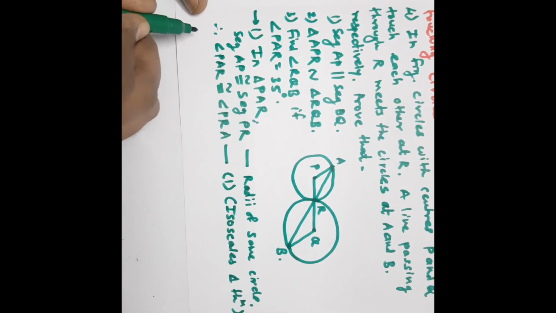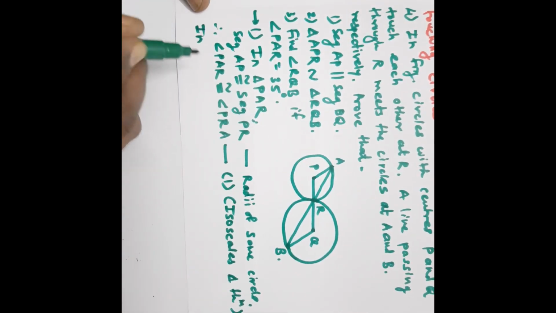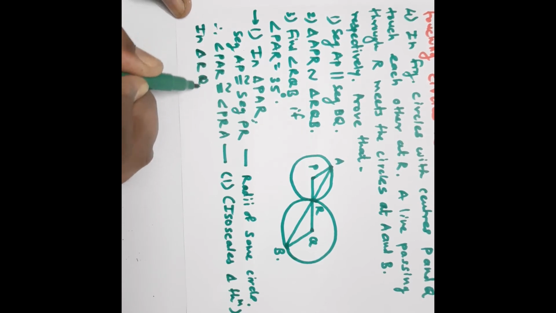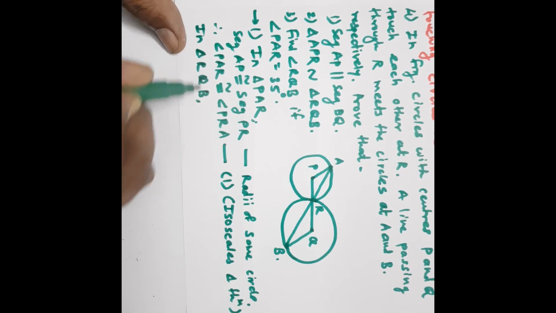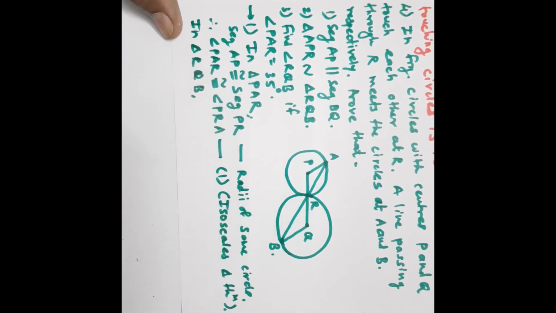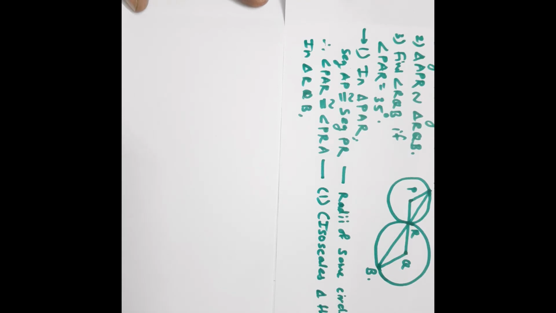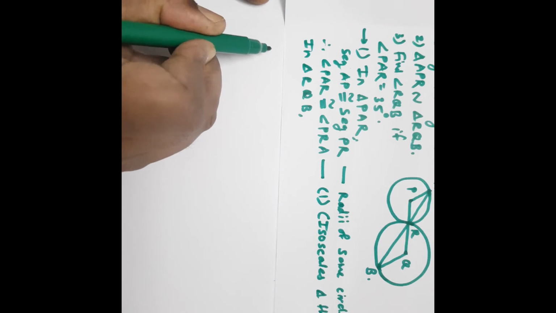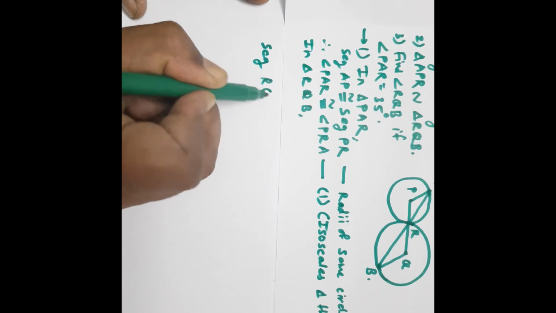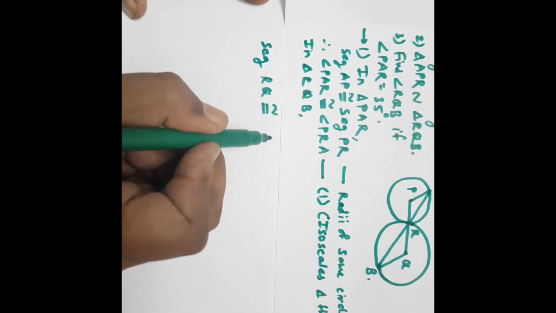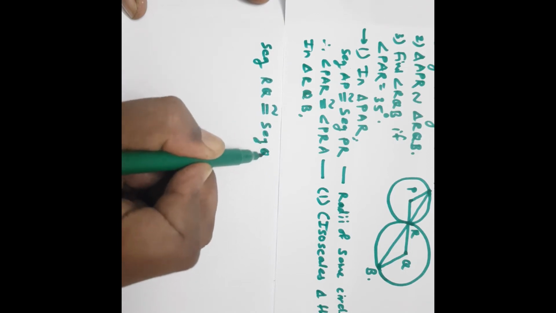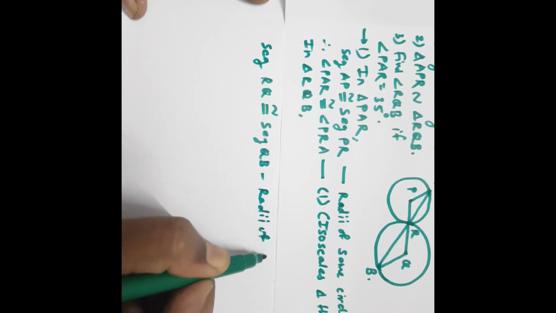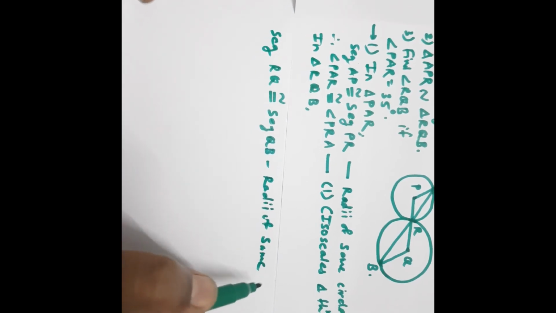Then in triangle RQB, the second triangle, seg RQ is congruent to seg QB. These are also radii of the same circle.